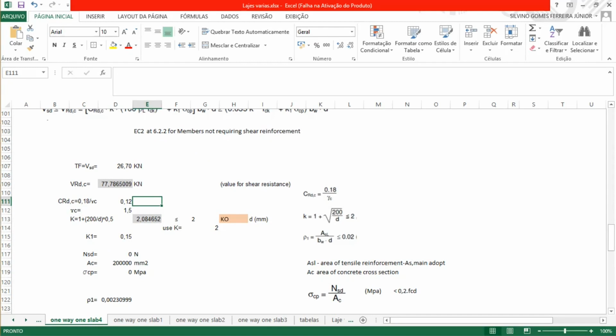This is in the Eurocode too. We use this equation, and k has to be smaller or equal to 2. If not, we have to adopt 2. In this case, where d is the diameter in millimeters, when we calculate it, it gives 2.08. So it's bigger than 2, so we have to use the limit value. We use k as 2.